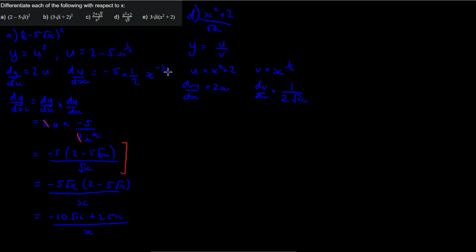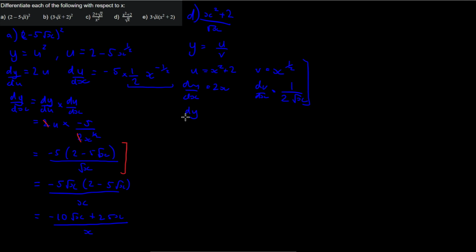That negative a half power means that we can put it on the bottom of the fraction and make the power positive. And this is quite a common problem. So if you feel comfortable, please feel free to do that in one step. But if you're not sure, I would continue with this step here, where you break it down a little bit further. Now, let's get back to D.